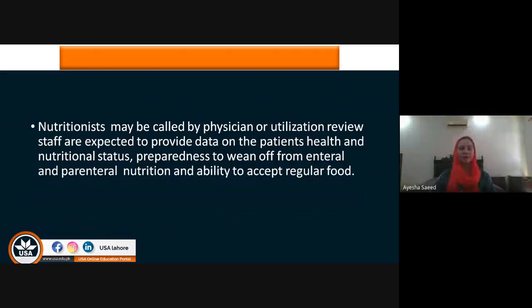Nutritionists may be called by the physician or the utilization review staff to provide data on the patient's health and nutritional status, on the preparedness to wean off from enteral and parenteral nutrition, their ability to accept food, and their ability to be discharged.